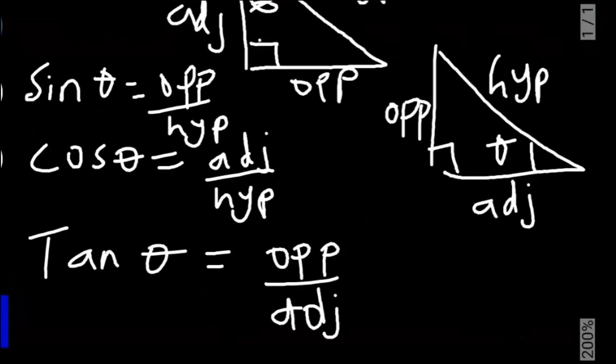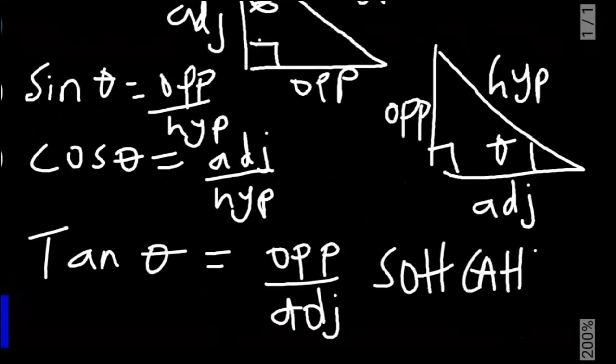So the summary of these values is that sine theta is opposite over hypotenuse, cos theta is equal to adjacent over hypotenuse, tan theta is equal to opposite over adjacent. So that can be written in short form: SOH CAH TOA.